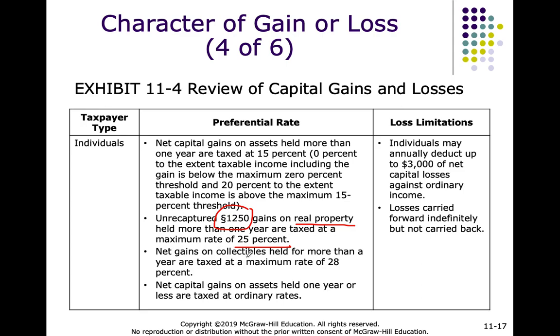If we have collectibles, as I mentioned before, collectible items, those are investments, and the maximum rate is 28%. Capital gains held one year or less will be taxed at ordinary rates. We know about the $3,000 limitation on net capital losses, and individuals can carry this loss indefinitely.